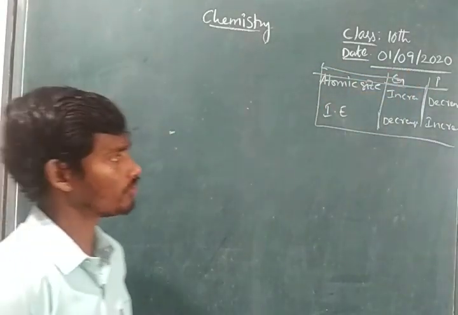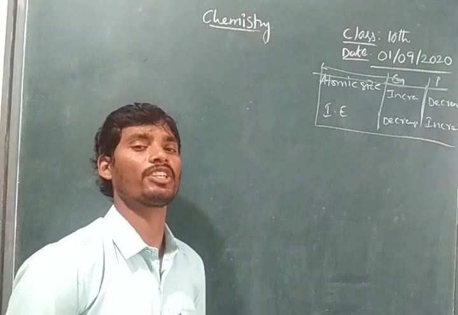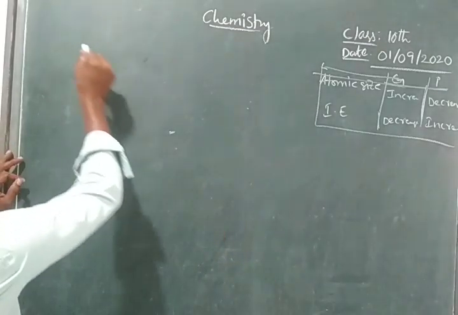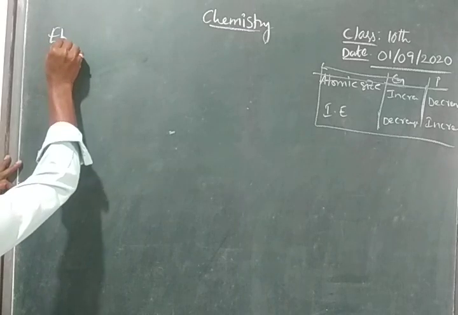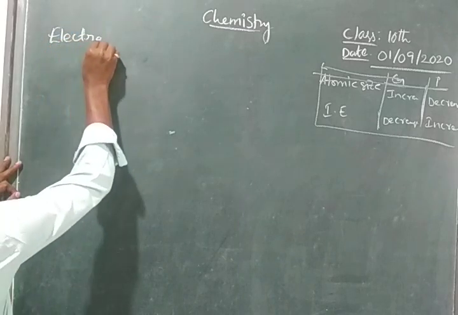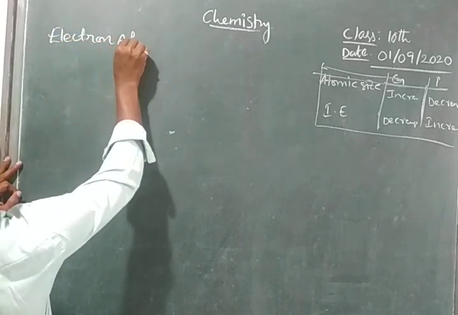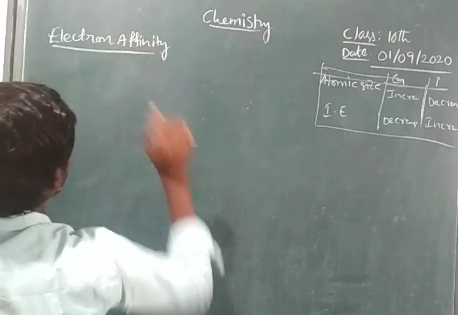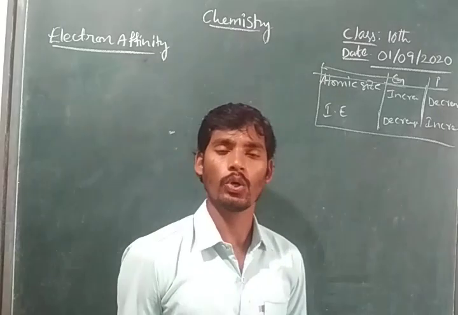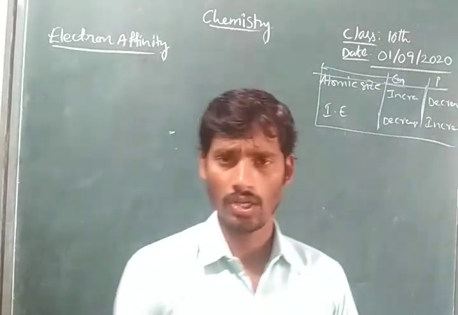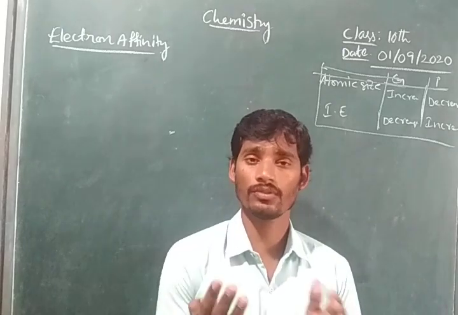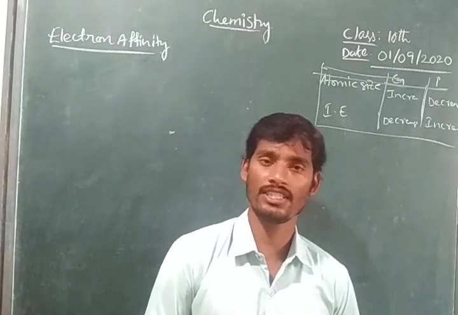So today we are going to discuss one of the periodic properties, that is the electron affinity. Regarding electron affinity, it is the concept quite opposite to the ionization energy.